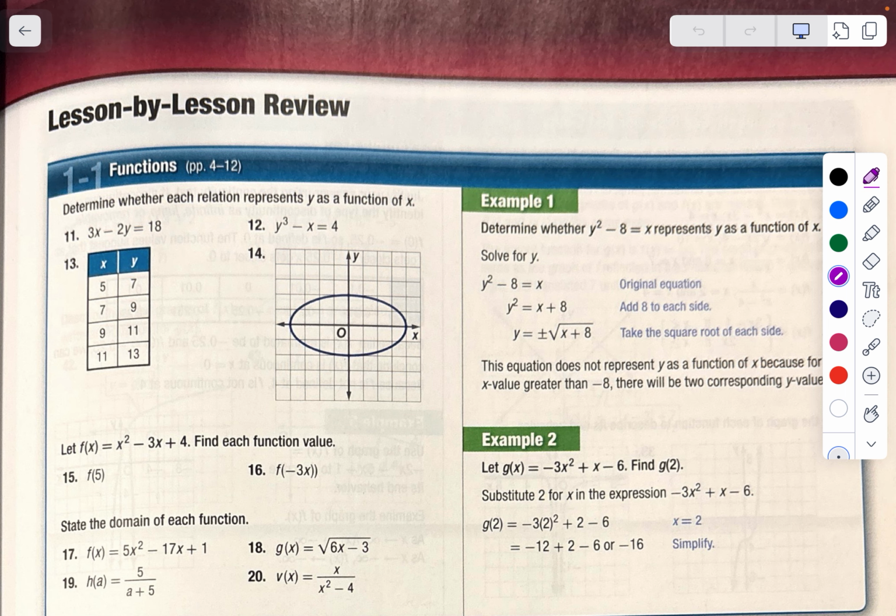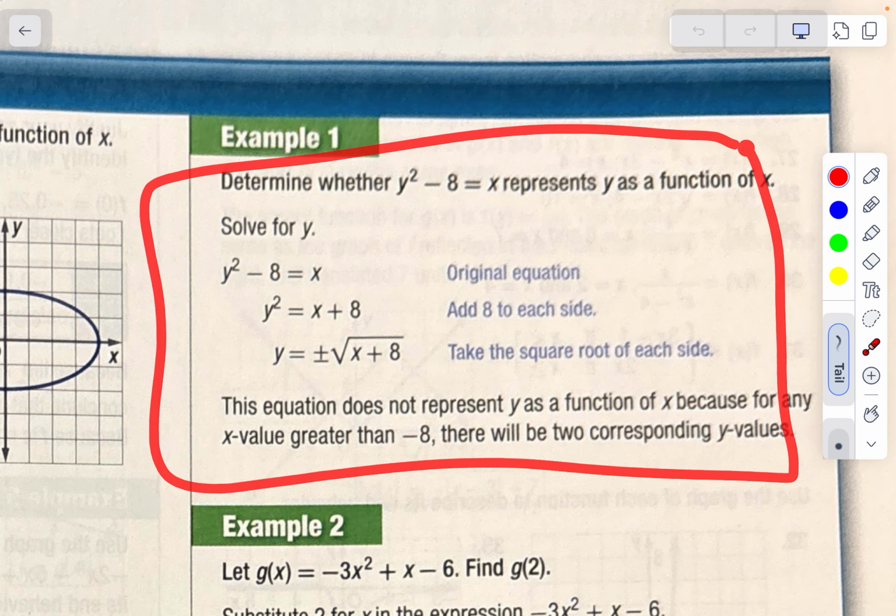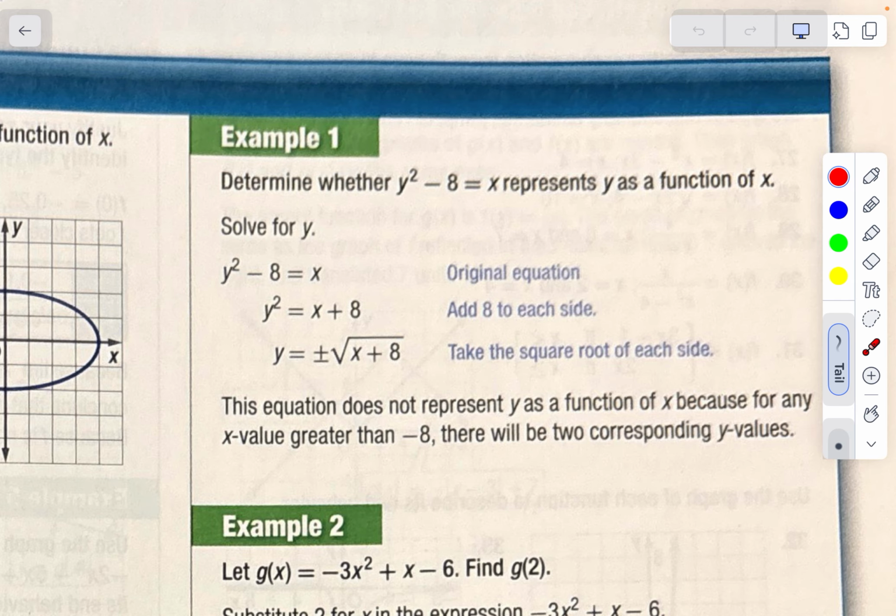So let's talk about 1-1. 1-1 is to determine whether something is a function, and plugging into functions. Let's look at the example you see here. It says determine whether y squared minus 8 equals x is a function of x.